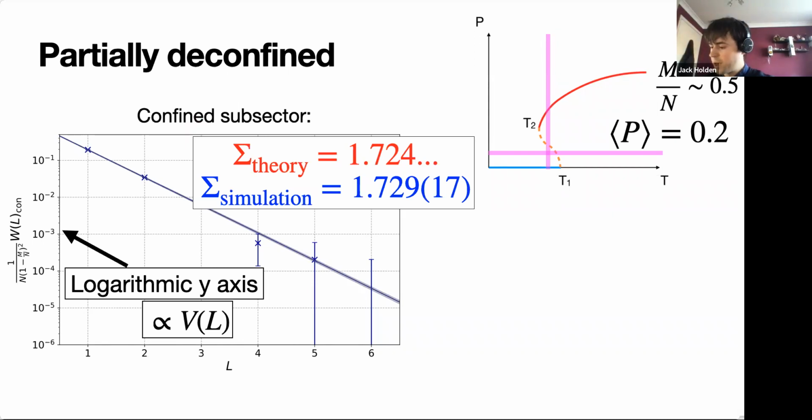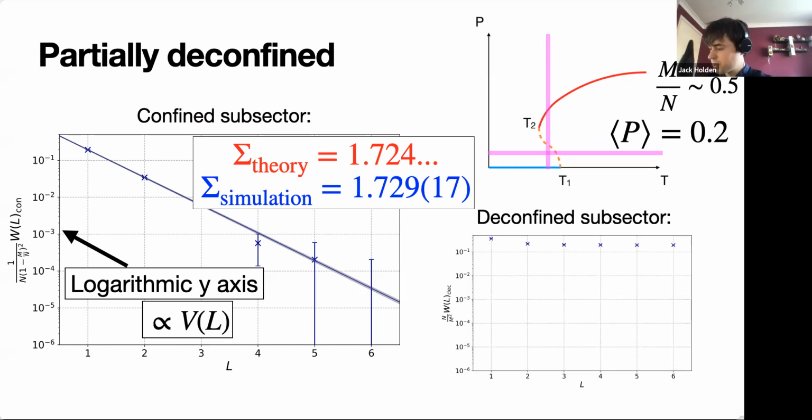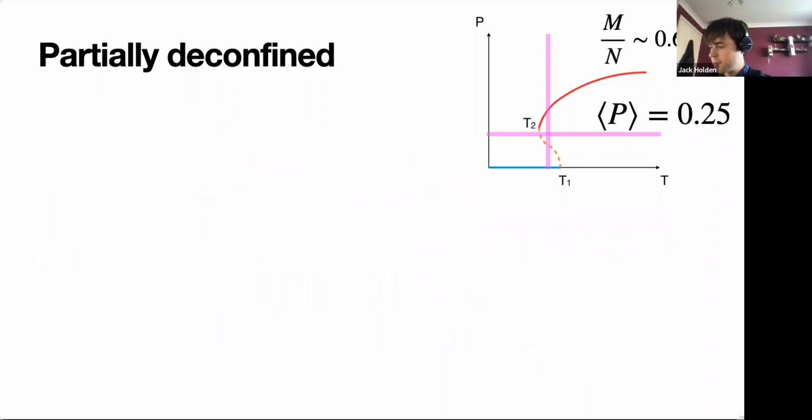Furthermore, we calculate the gradient and it is what we expect based on our conjecture and the analytic result known for the fully confined phase. Whereas if we look in the deconfined subsector, we see that there's no such linear potential between the Polyakov loops.